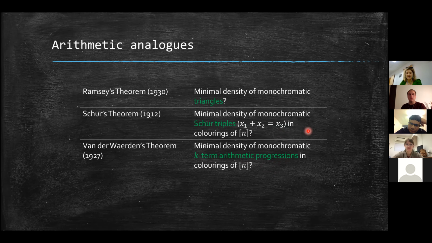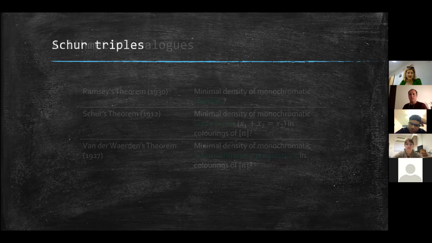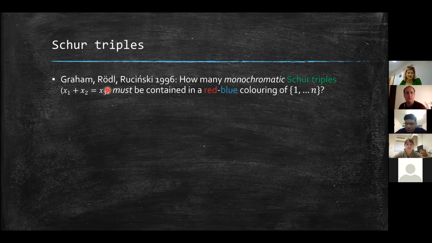And this was indeed asked for Schur triples by Graham, Rado, and Ruchinsky. So we're given an interval 1 up to n, and their question was to minimize the density or the number of monochromatic Schur triples in this interval. And notice that in this question, the way they ask it, there is no wrapping around.